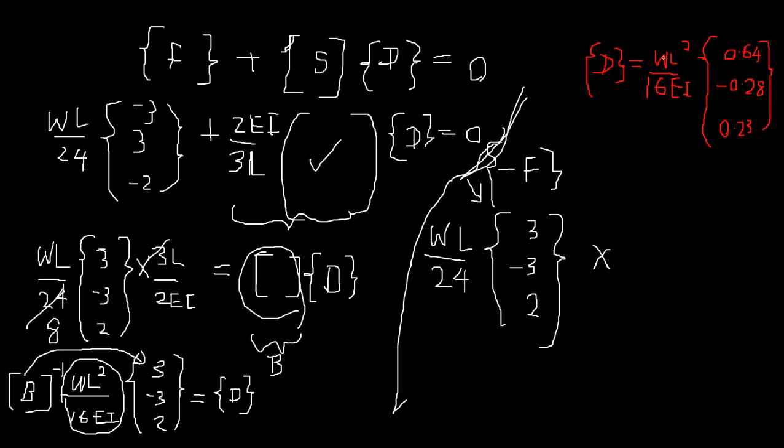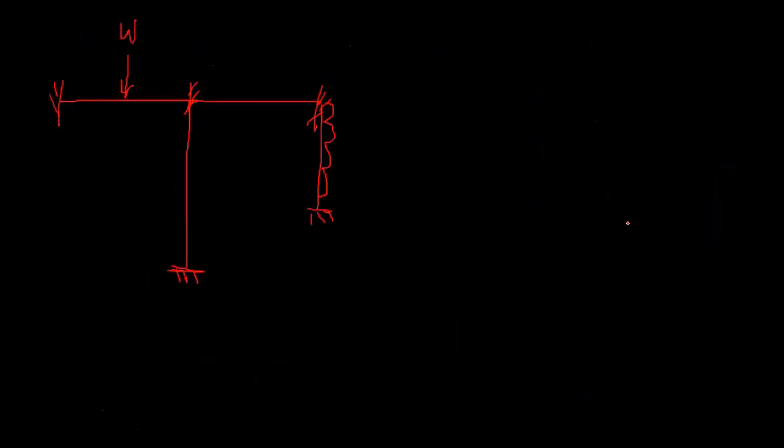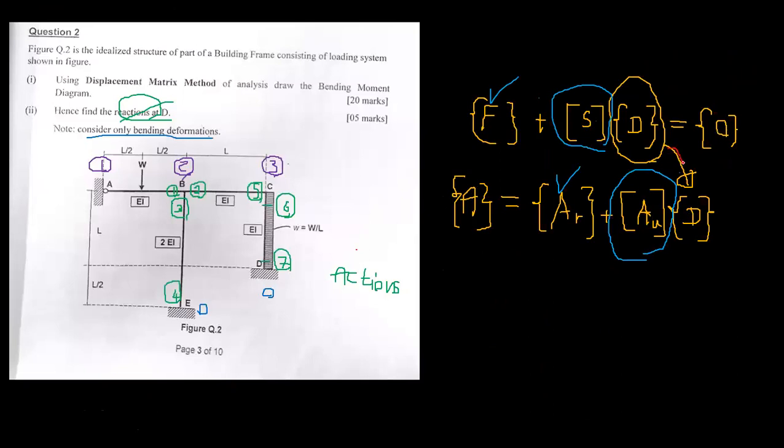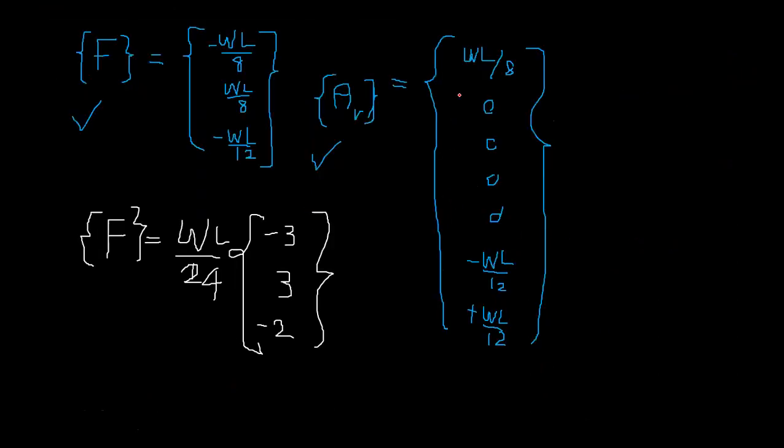Right? So this is our D matrix that's found. So I need to plug it here and find this huge matrix, right? So a restraint is here. So you can take WL over 24 out.